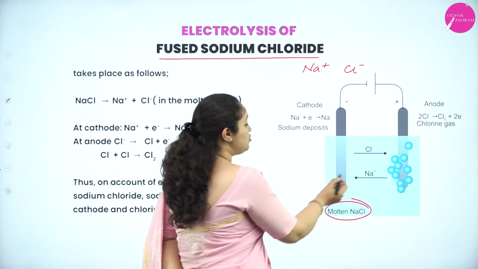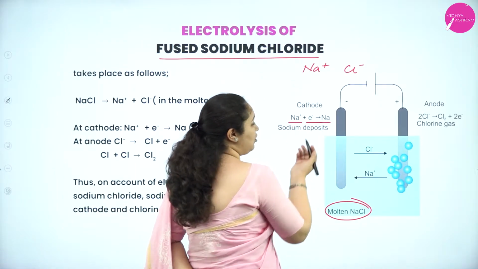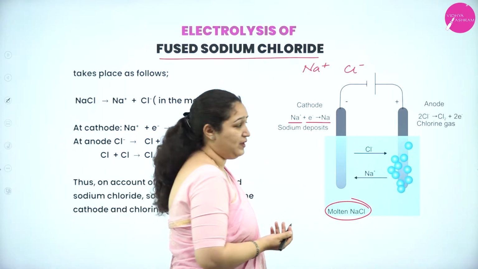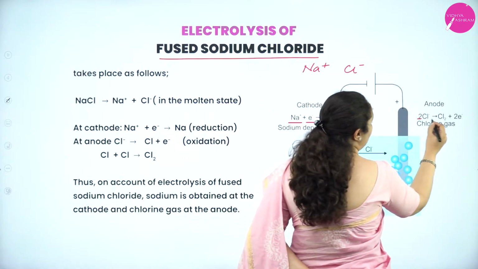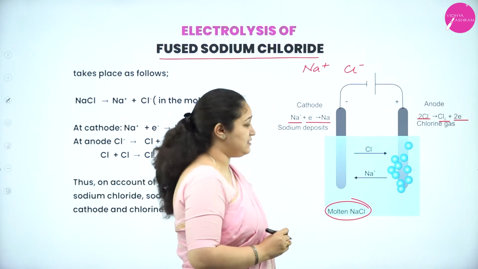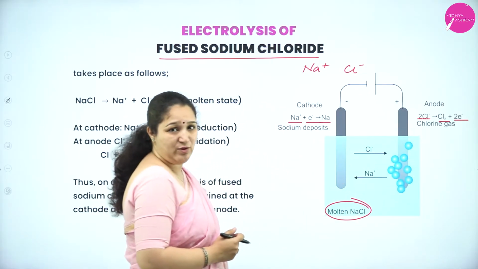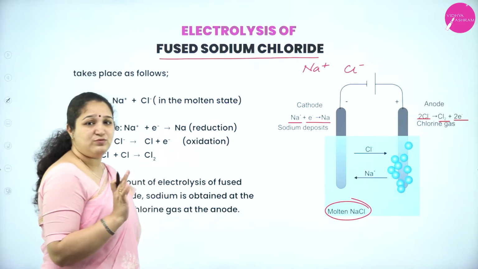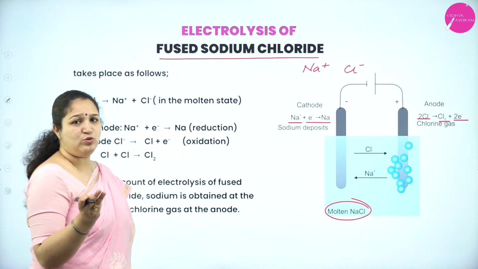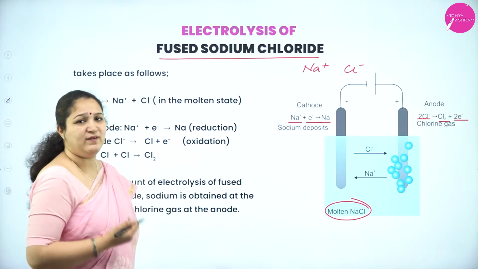Okay. So sodium ion comes towards cathode, Na plus accepts an electron to get deposited as sodium, and at anode Cl minus liberates electron to get liberated itself as chlorine gas. So chlorine gas is getting liberated at anode. So there is no confusion here. There are only two ions which is possible, one cation and one anion.